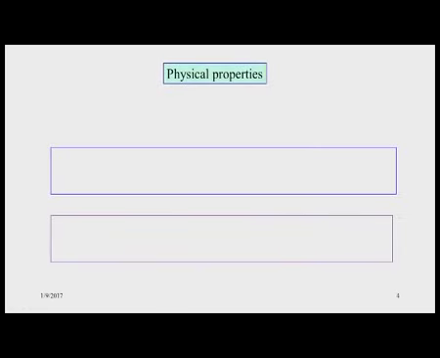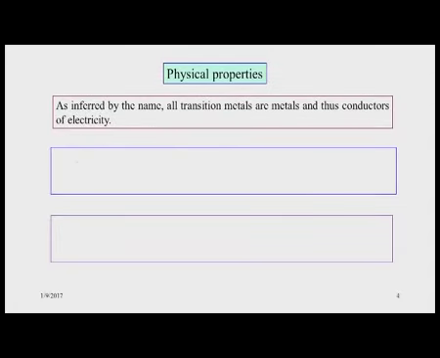Already we have discussed how we can jot down these physical properties. As inferred by the name, the transition metals are metals and thus conductors of electricity. Whatever species we have just seen are the corresponding metals, because in some of our next classes we will be discussing the formation of the transition metals.